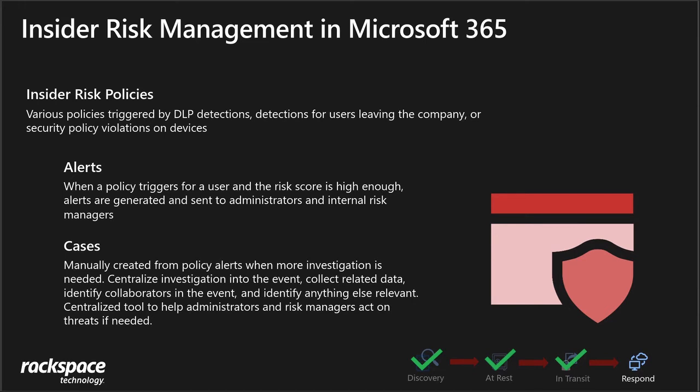So in Microsoft 365, we monitor and alert on insider risks using insider risk management. And within that, we create insider risk policies, both aptly named. The policies trigger alerts, and those alerts can notify administrators, risk managers, and employee managers about a thing that has occurred. An alert does not mean that the activity it detected is absolutely an insider threat.